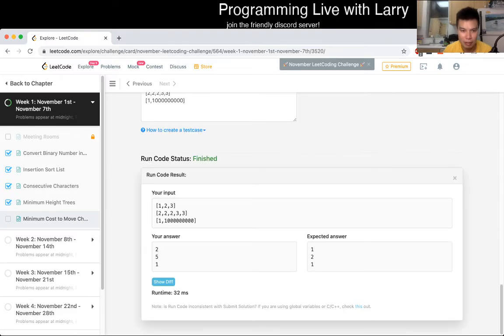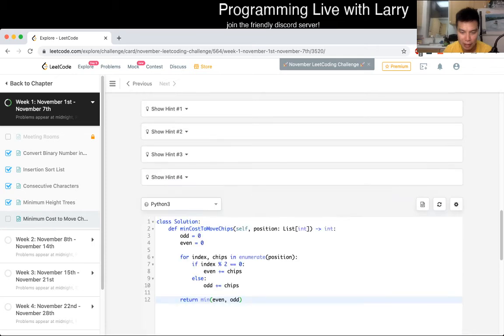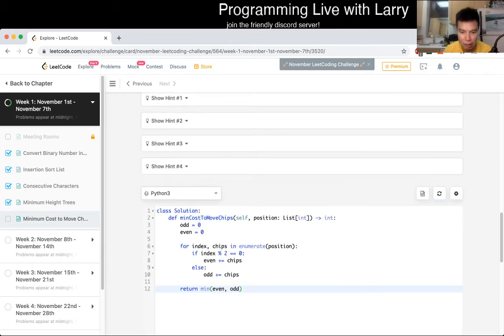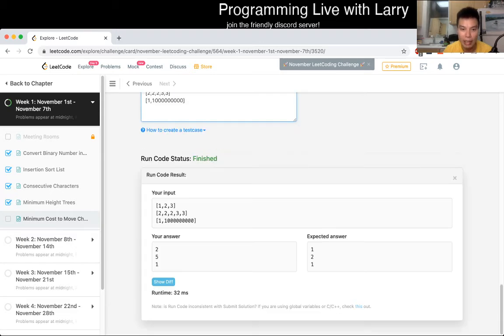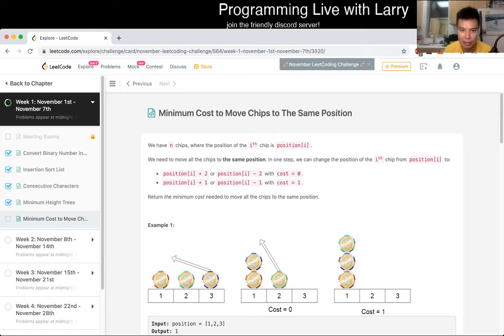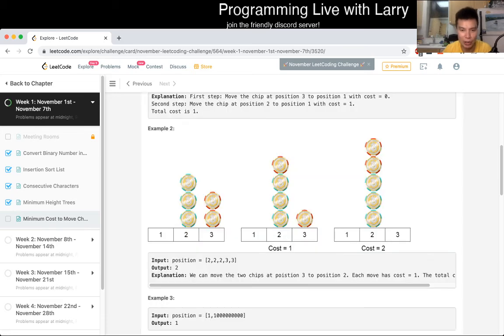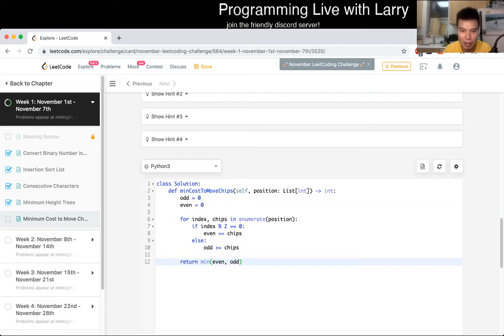Oh, did I do min instead of max? Oh, wait, I just misread the input, I think. Yeah, okay, I'm just being dumb. I misread the input where I thought that the position is just the index thing. I don't know how I misread that, even because I knew it.